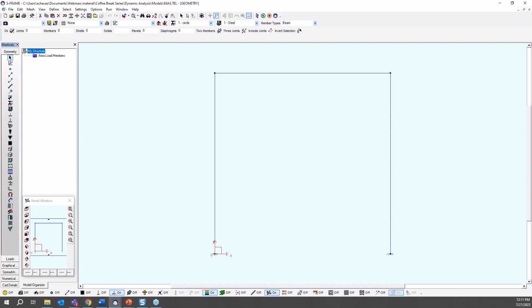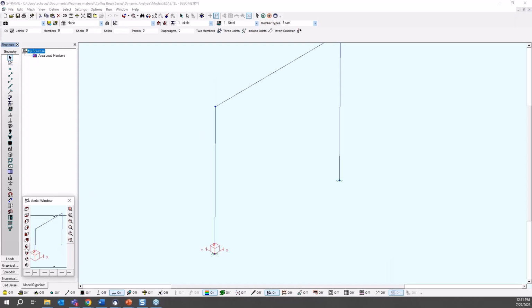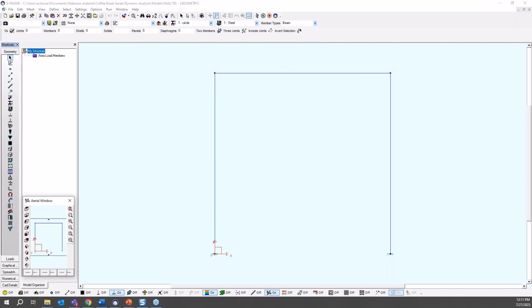My name is Andres, and I'll be glad to be giving you a very brief demo to better illustrate the vibration analysis that we have just discussed. So what we have here is a simple frame. Even though it's a 2D frame, as you can see, we're actually working in 3D mode. So let me just go back to the front view.